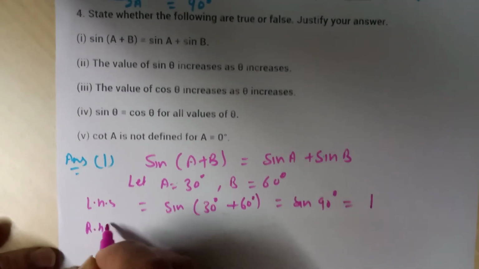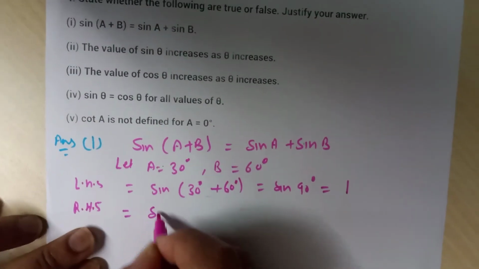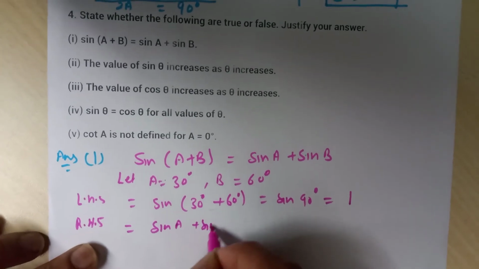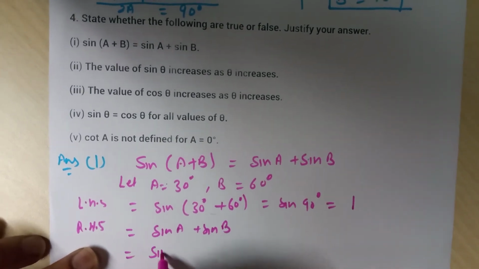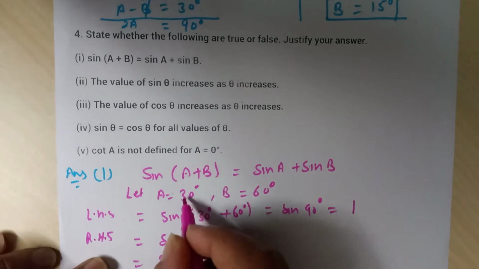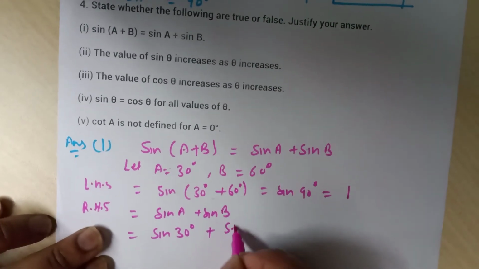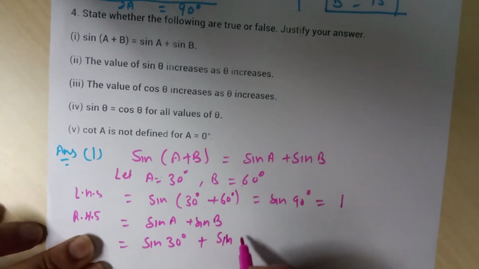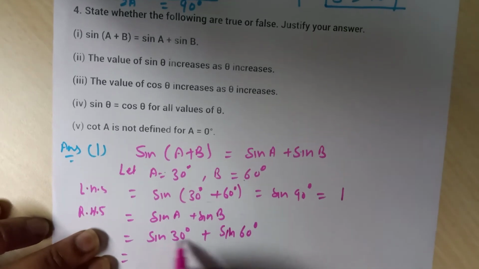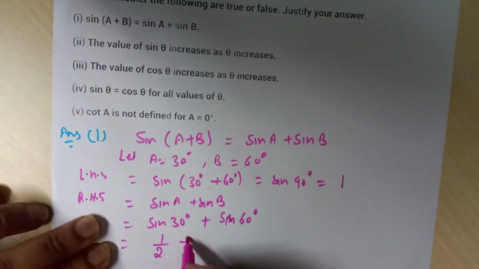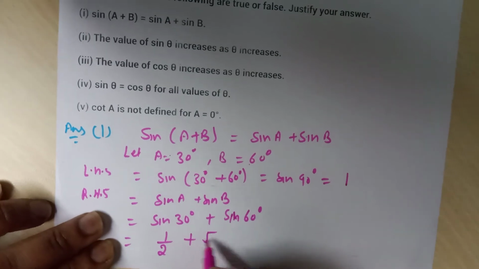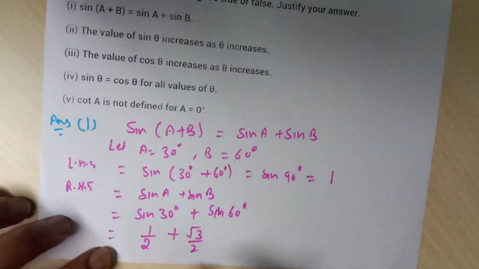Now take right hand side. Sin A plus sin B. Put the value of A and B. Sin 30 degree and sin 60 degree, and we know that value of sin 30 degree is equal to 1 by 2 and sin 60 degree is equal to root 3 by 2. Now take the LCM.